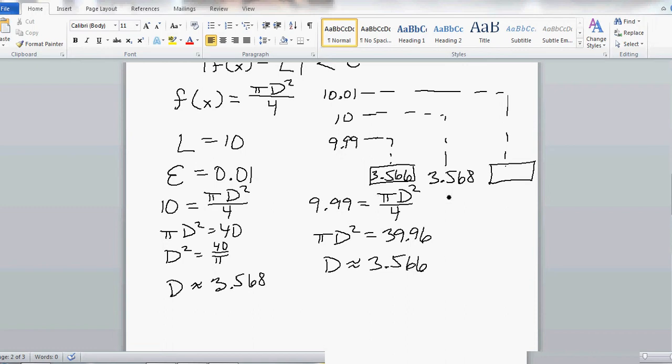Now it's time to find the maximum, which will be when the area is 10.01. So 10.01 equals pi d squared over 4. Multiply both sides by 4. Pi d squared equals 40.04. Divide both sides by pi and take the square root of both sides, and then we get approximately 3.570.